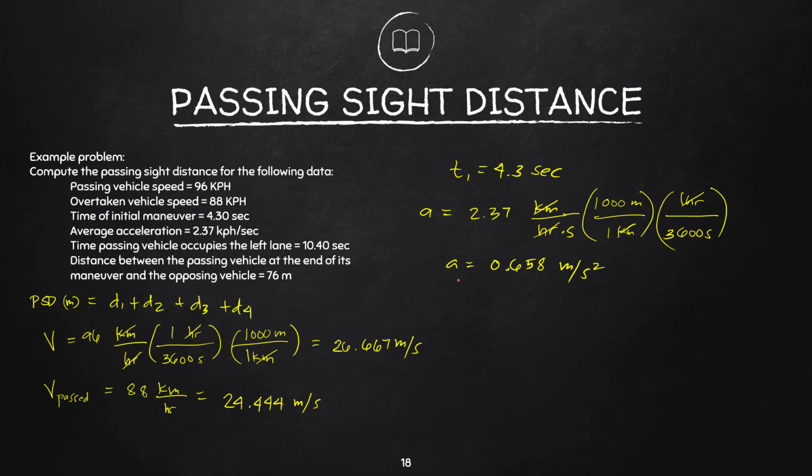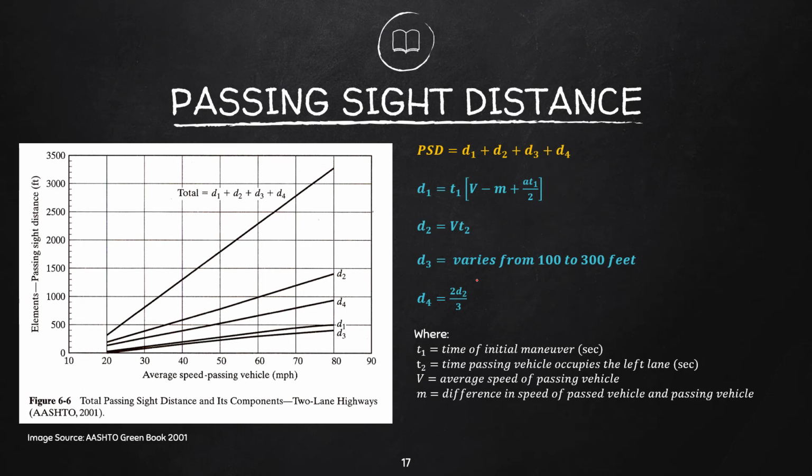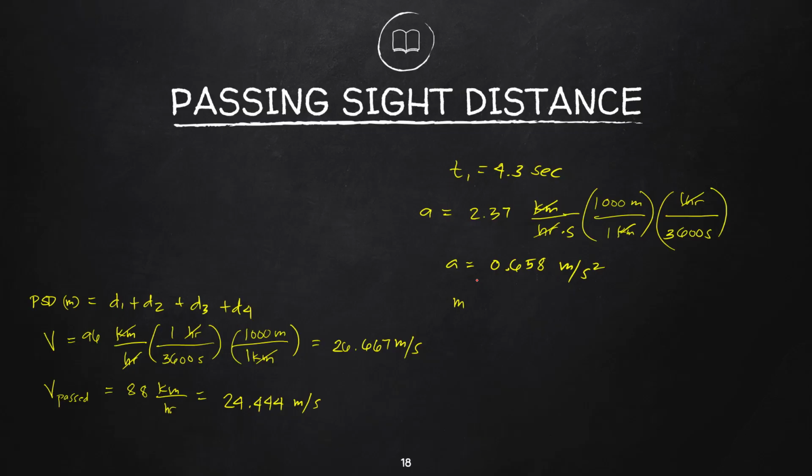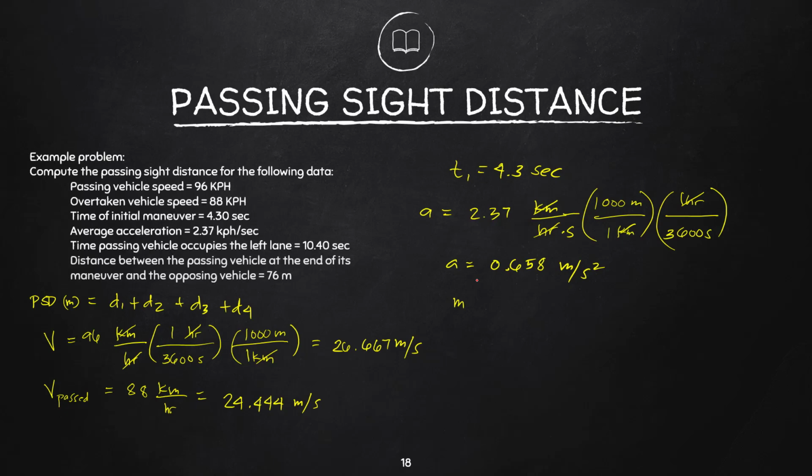And we can compute for m, which is the difference between the speed of the passing vehicle and the passed vehicle, from this formula. So continuing, we have your m, which is the difference in the speeds V and V pass. So I'll call this V minus Vp.